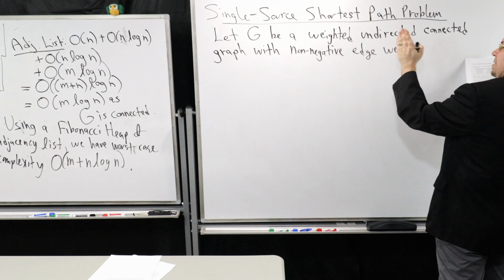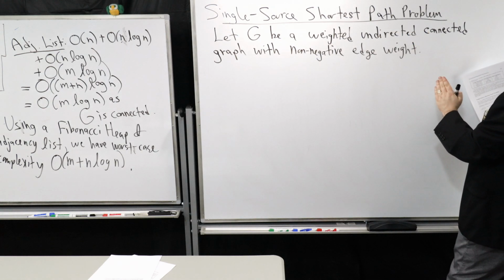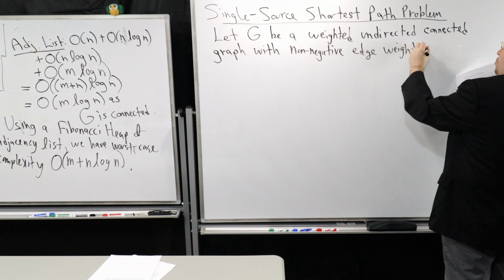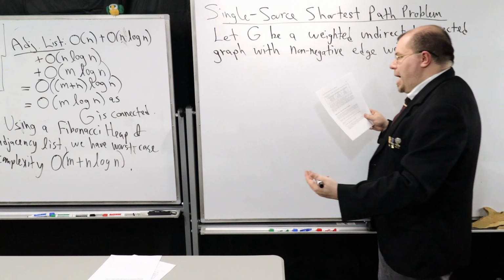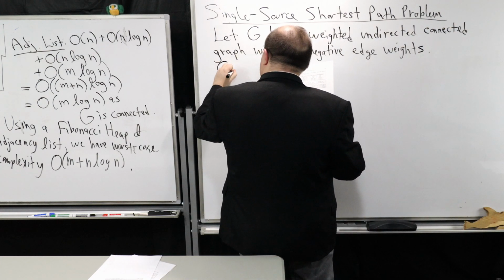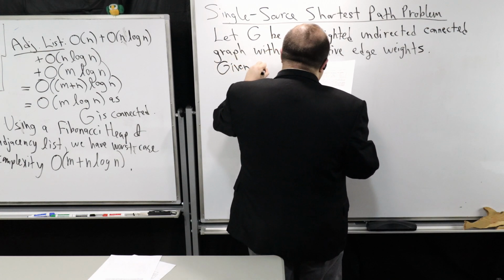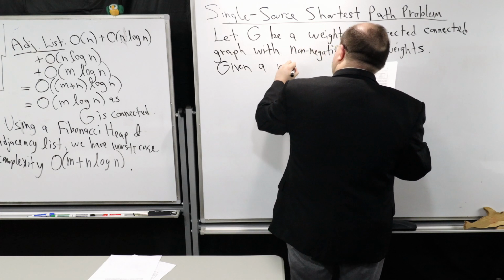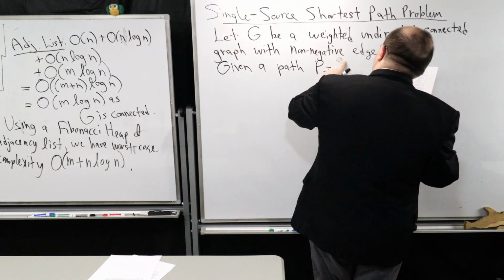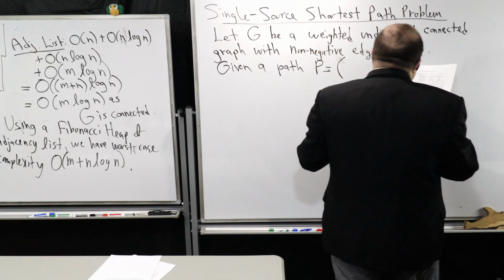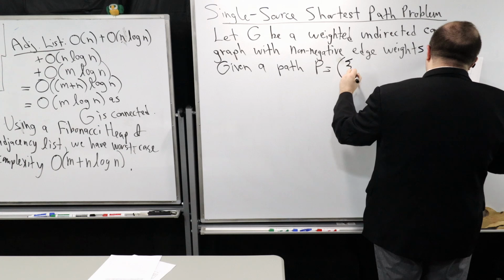So let G be a weighted undirected connected graph with non-negative edge weights. So I need to define the notion of a path again. So given a path, P is equal to, I'm going to give it as an ordered sequence of edges this time.